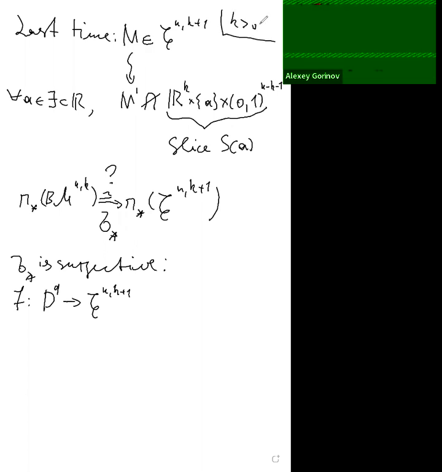For k equals 0, things will be more complicated. We'll talk about it later. Such that F takes the boundary to the empty set.